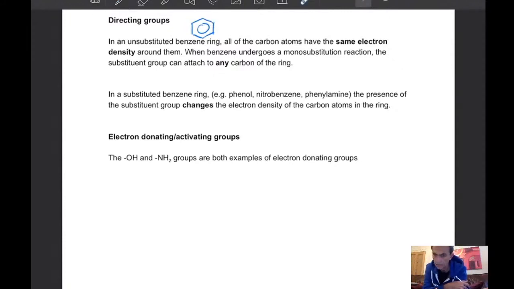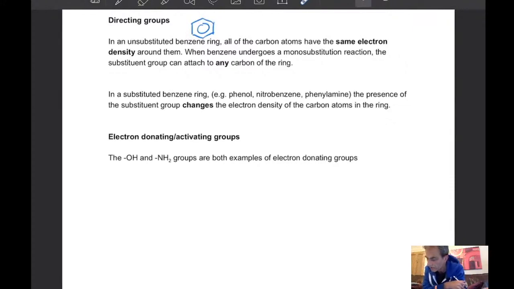If any of you have done any NMR, nuclear magnetic resonance, you'll know what we mean by equivalent. So when benzene undergoes monosubstitution, the substituent attaches to any carbon on the ring because they're all the same.